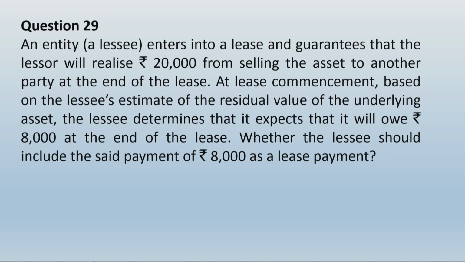So friends, here obviously the guaranteed residual value is rupees 20,000. However, the lessee's expectation that the amount that will become payable for fulfilling the guarantee is not the entire rupees 20,000 but only rupees 8,000. So obviously the lease payments should include rupees 8,000 towards this residual value guarantee.